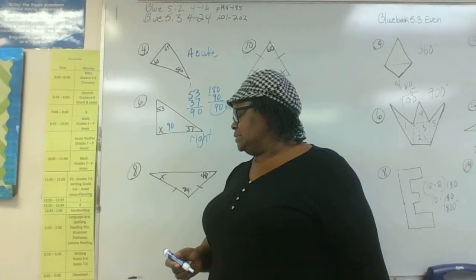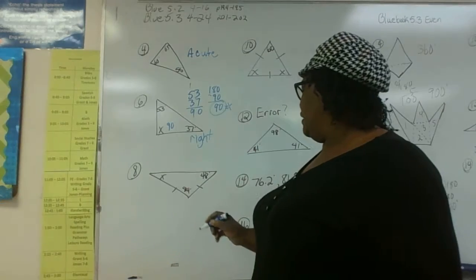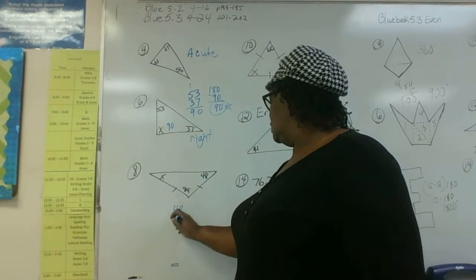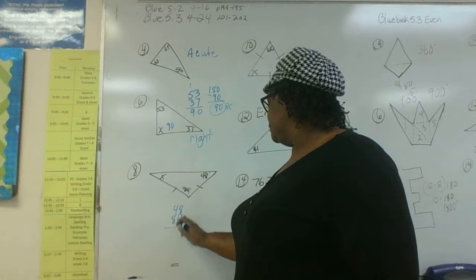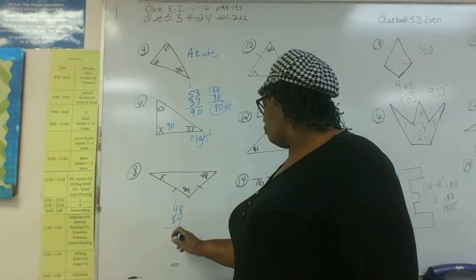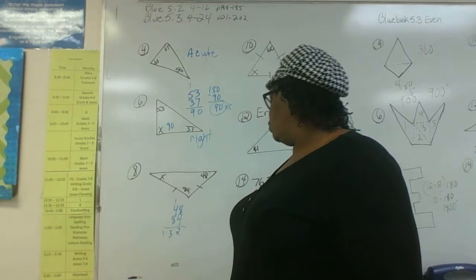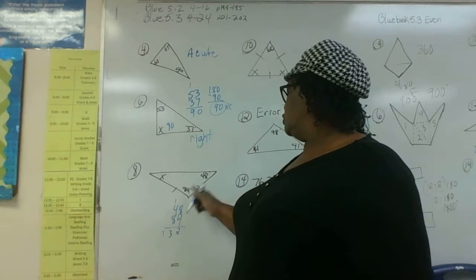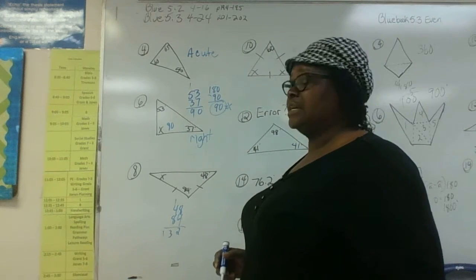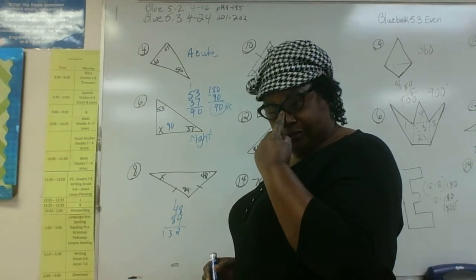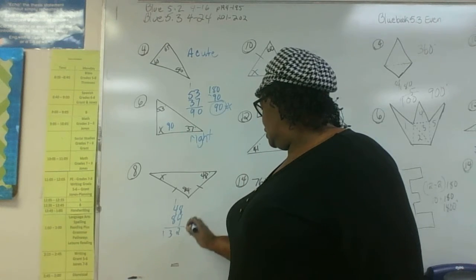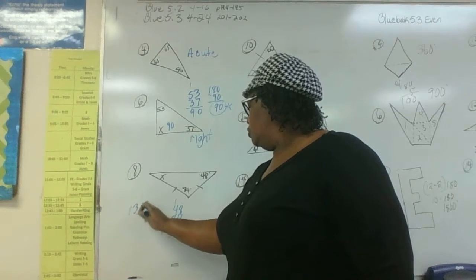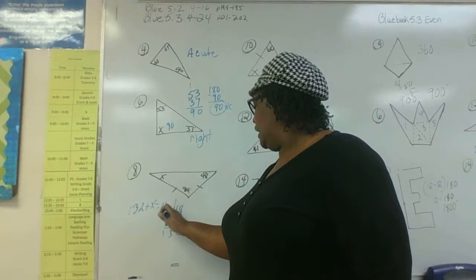Here on number 8, we have 48 and 84, which is 132. These are the two angles that are given. In order to find out what x is, 132 plus x equals 180.